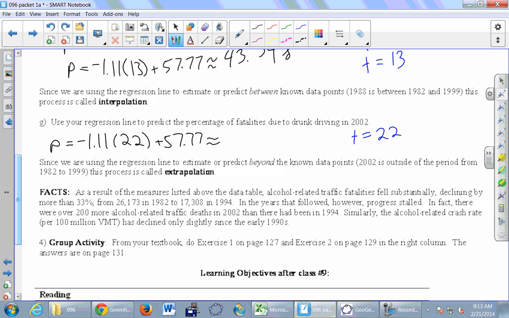Okay, anybody have a number for us? 33 point. Thank you. And that's reasonable looking at the data we have. It continued to decrease and it got a little bit smaller by 2002.